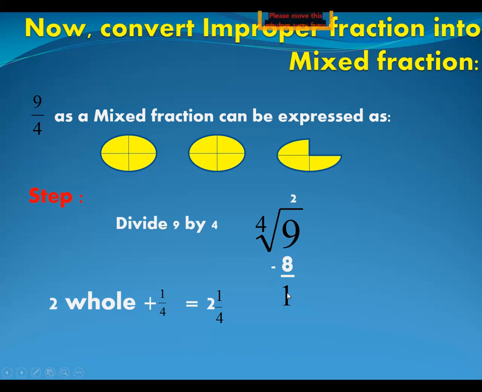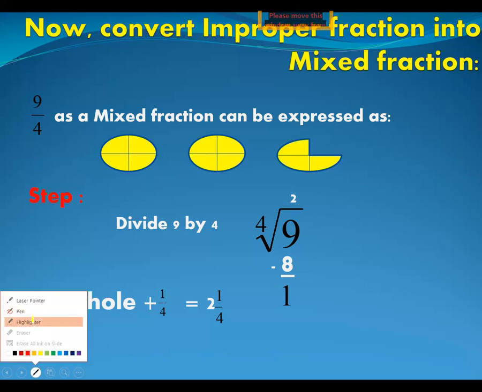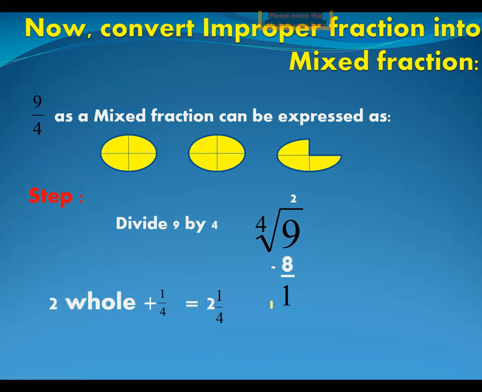Now, how am I going to write this as a mixed fraction? For that, you have to remember some of the positions of the numbers. Always remember, my children, whatever your remainder is, it will become your numerator, as I have written it over here.